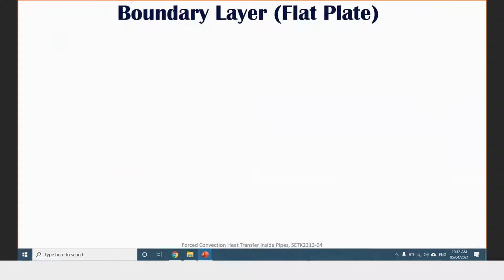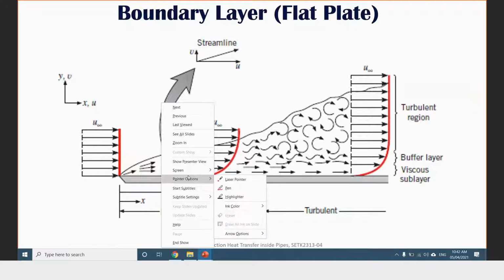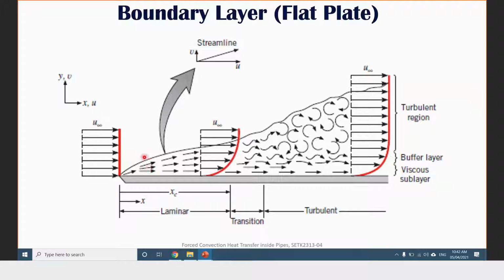Okay, so now first let's talk about the boundary layers that we discussed a little bit just now for a flat plate. If we are talking only about the velocity of the fluid or the air, we consider this system. Before it meets the plate, u is the velocity, and the velocity is uniform everywhere because it doesn't have any disturbances.